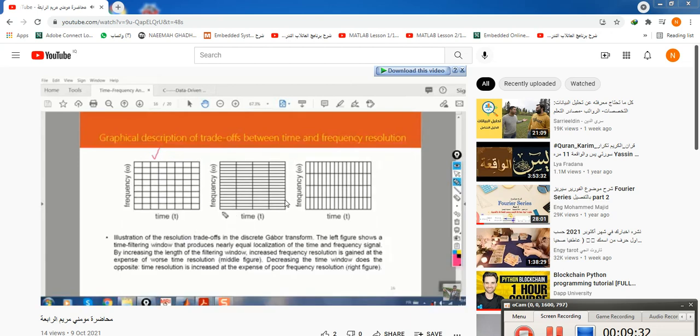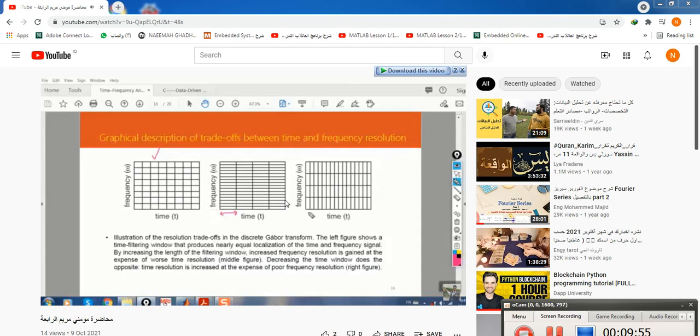If you expand the temporal resolution and increase it, you have a decreased resolution along the frequency direction.